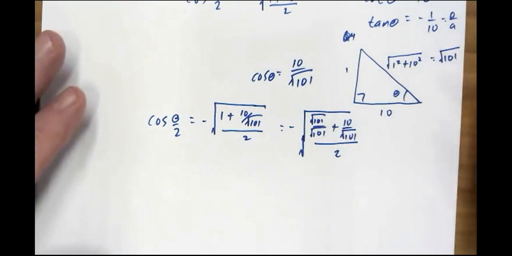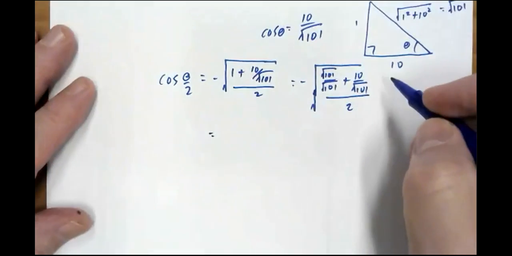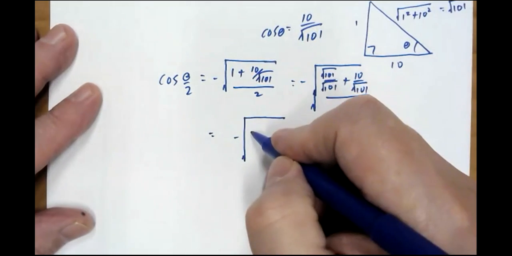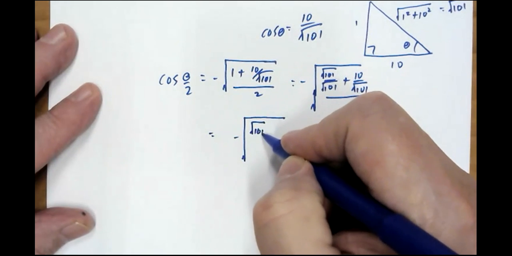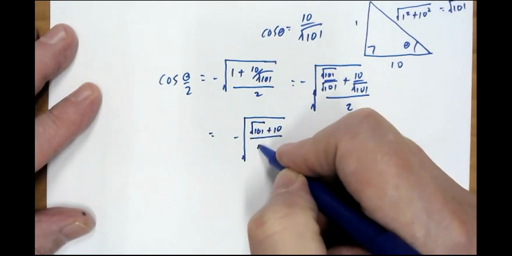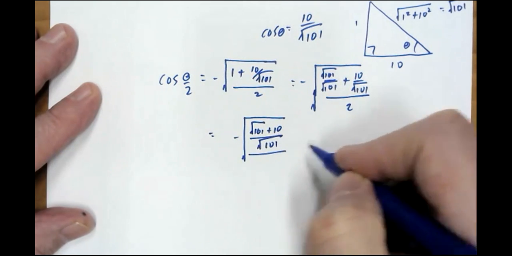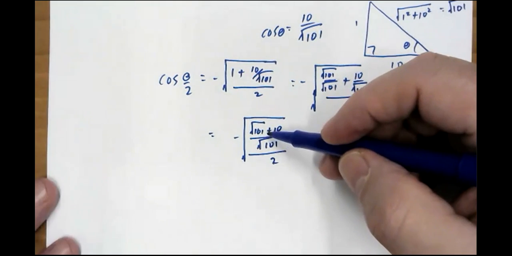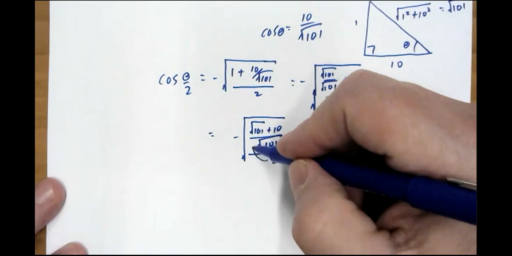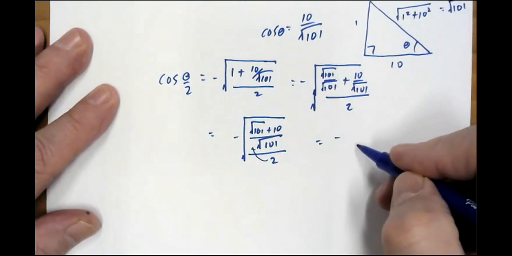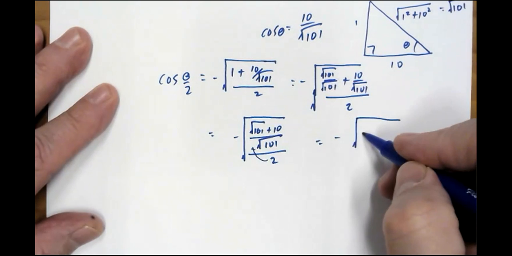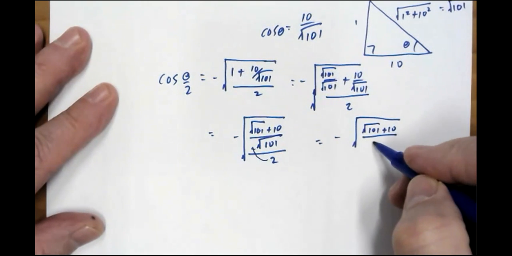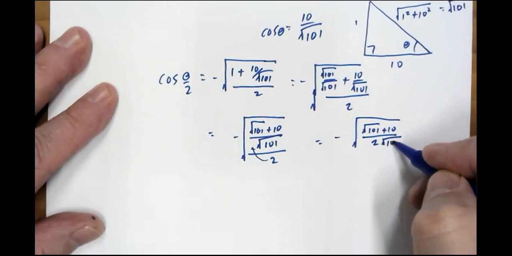Now I can combine these since they have the same denominator, and you get square root of 101 plus 10 over square root of 101, all that over 2. Now it's a complex fraction. What happens is 2 goes up here in the bottom. So square root of 101 plus 10 over 2 square root of 101.